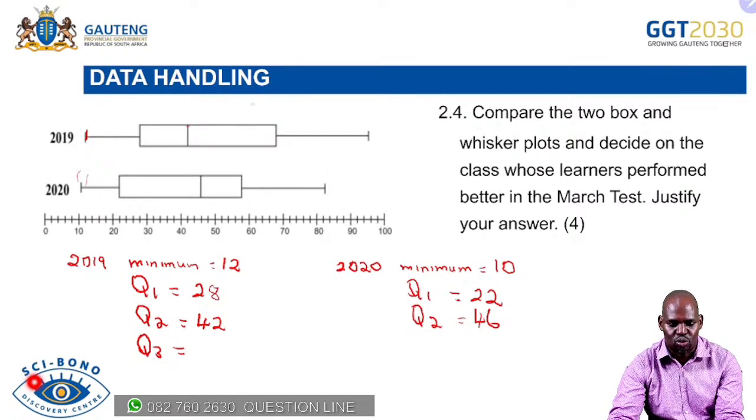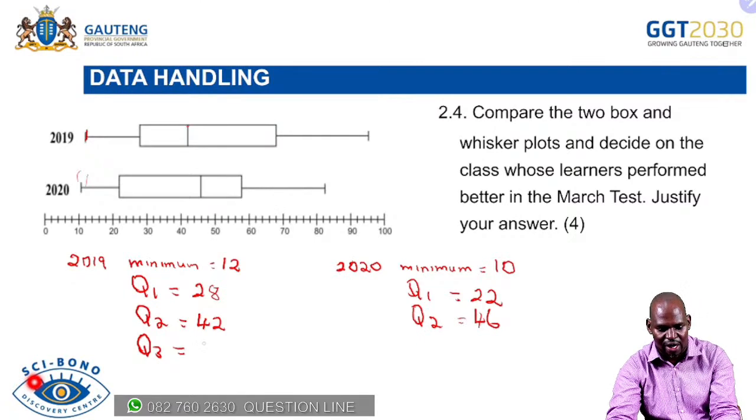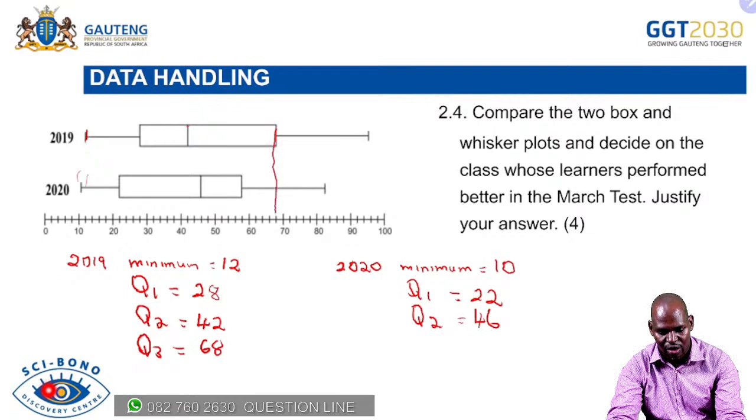Now quartile 3 for 2019, it's about 68. Okay, and for 2020 it's about 58.